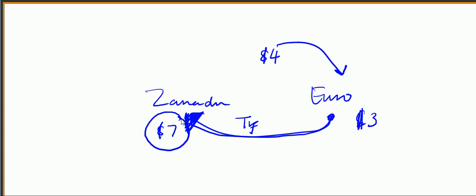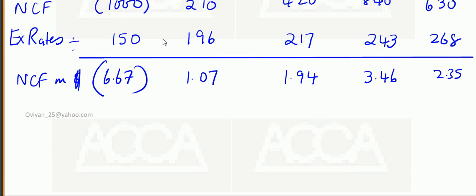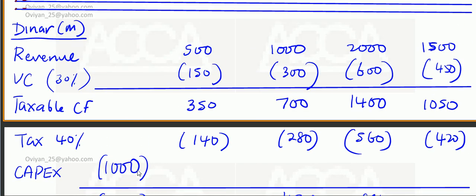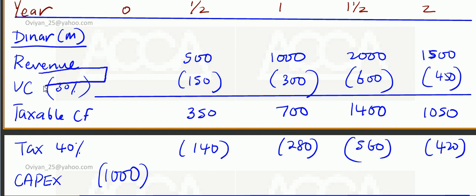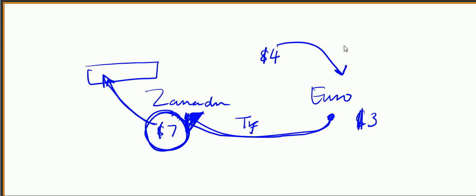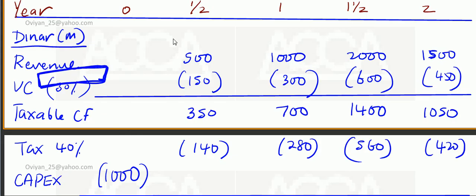So we will take this $7 and we will initially build that up in the cash flows of Zanadia. We will translate this to Zanadian dollar and we will show that as project cash flows in Zanadia. That means, let me show you. If you have that situation, then you would have brought in the raw materials that you have bought from Europe, and it should be at $7, and you're going to translate all this at the relevant exchange rates back to Zanadian dollar.